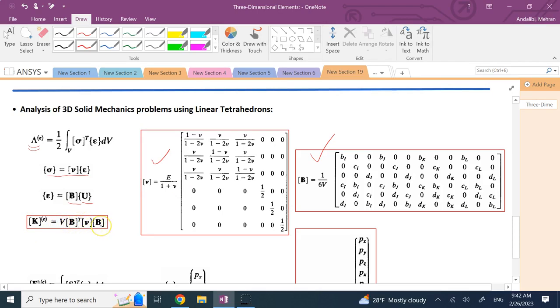It's going to be a giant matrix, and here we have not expanded it, but you can perform that numerically, or you can use MATLAB symbolic or anything and find this giant matrix. When I say giant, it doesn't mean the size is giant. The size is going to be 6 by 6, but the components are going to be lots of symbolic parameters.